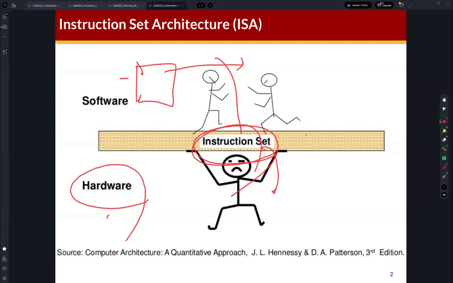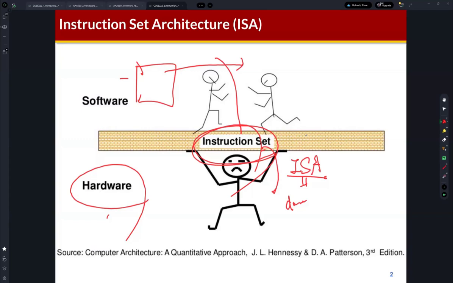based on the instruction set architecture. This is a kind of document that collects how the instruction is executed in a CPU.